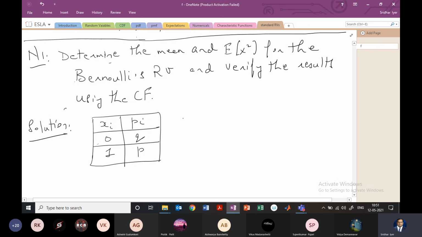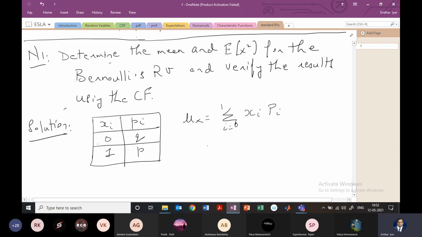So the mean value mu x will be the sum over i going from 1 to n, or 0 to 1. Let me write it as 0 to 1, and the mean value is x f x of x dx. Since this is a probability mass function, you'll have xi pi.